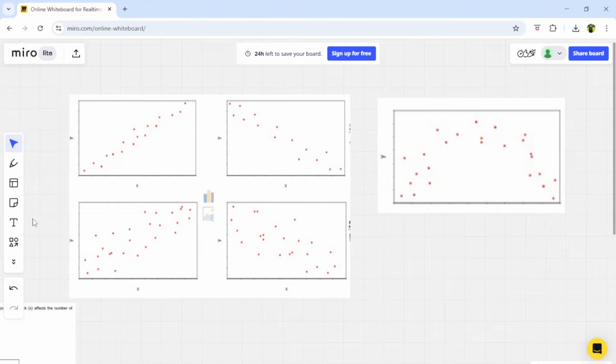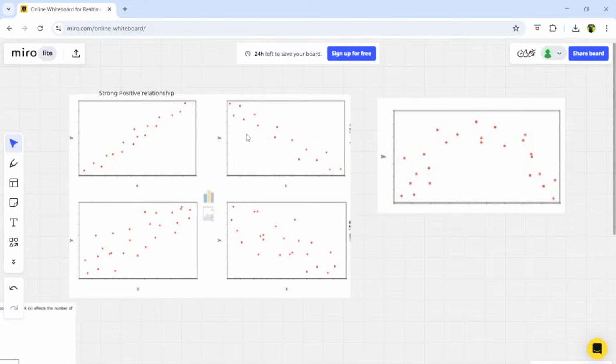So meaning that if they are close, then they are strong. So meaning this, we can say it's a strong positive relationship. Relationship, or you can say linear relationship. So there's a strong positive linear relationship between x and y variable.